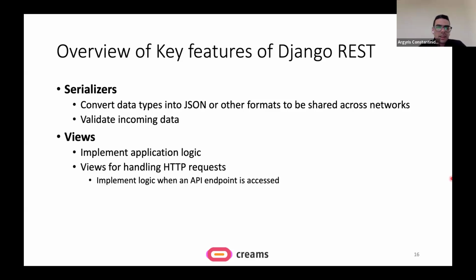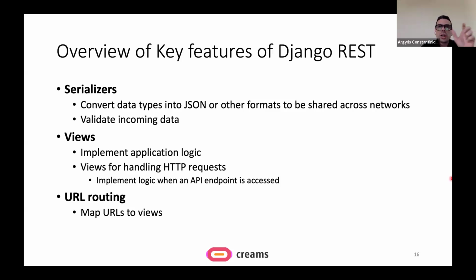Other than that, we have the concept of views. The views are basically the logic of the application. So each API, as I will show you, is responsible for a specific purpose. There is this implementation that needs to be part of the views. And also there is the URL routing.